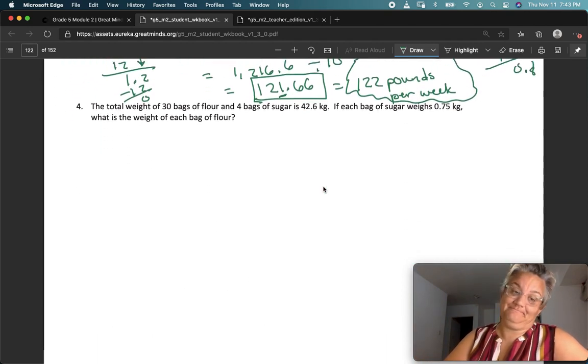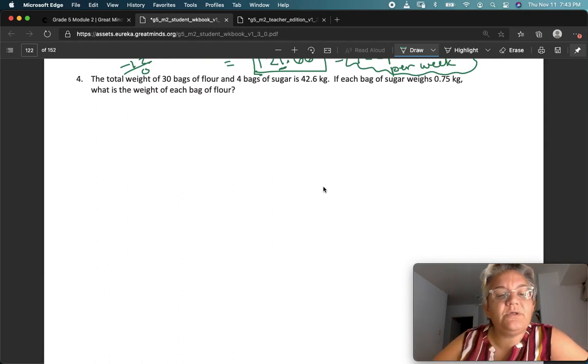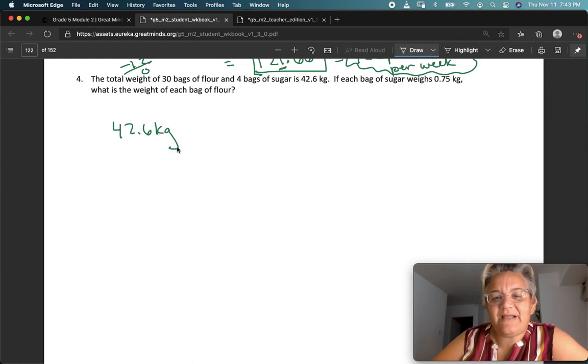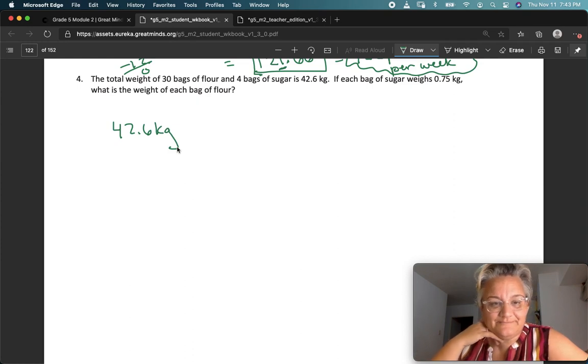Okay, I think. Number 4, the total weight of 30 bags of flour and 4 bags of sugar is 42.6 kilograms. If each bag of sugar weighs 75 hundredths of a kilogram, what is the weight of each bag of flour?